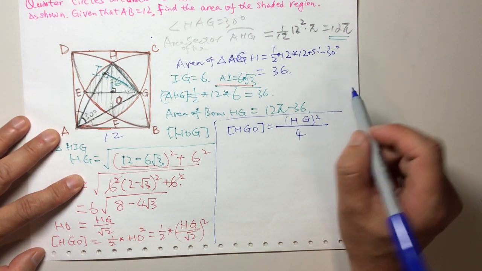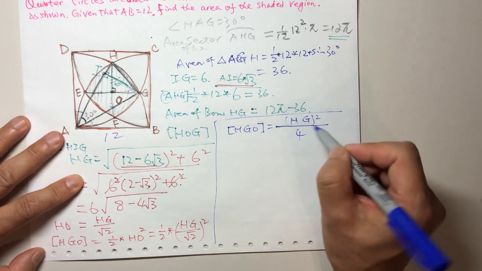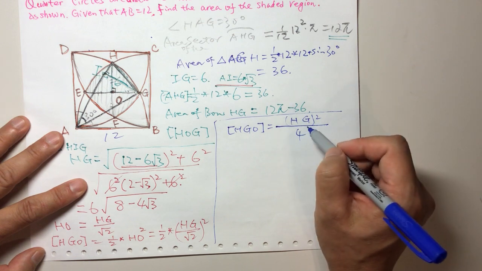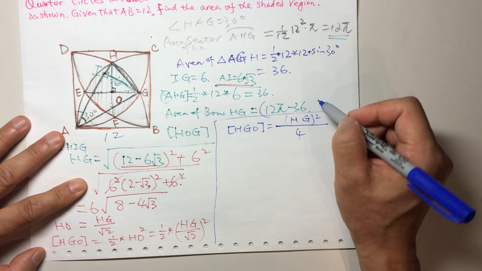Okay. So the total area for the shaded part will be 4 times this, plus 4 times the area of the bow, right?